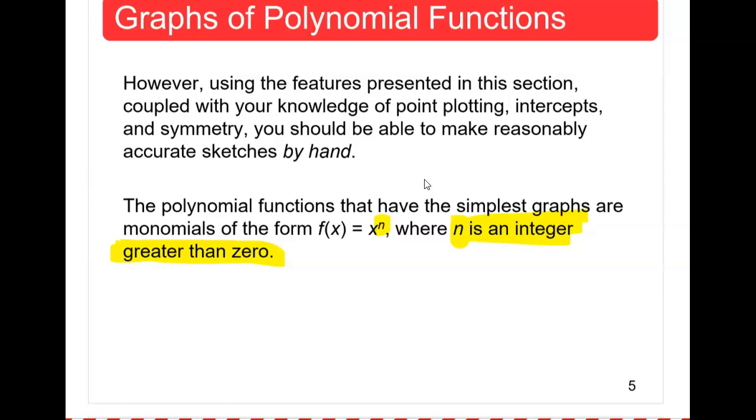Now, on this slide, we are talking about the polynomial functions that have the simplest graphs of this monomial form. And these ones actually do have a name. They're called the power functions.